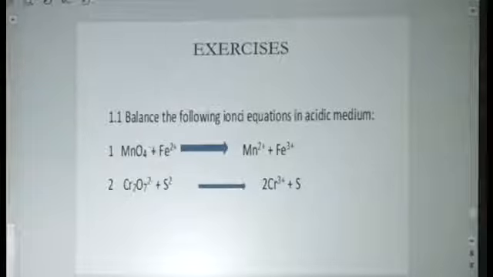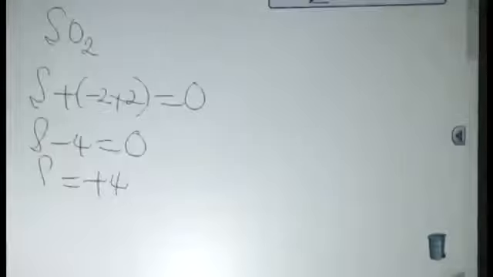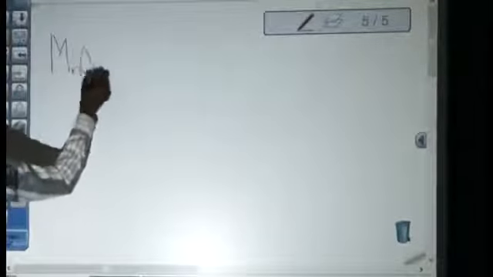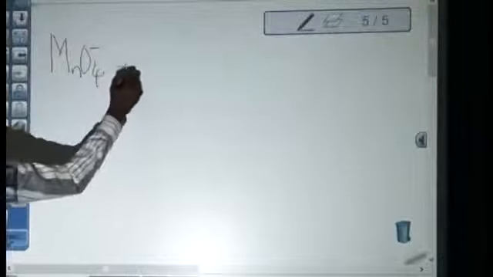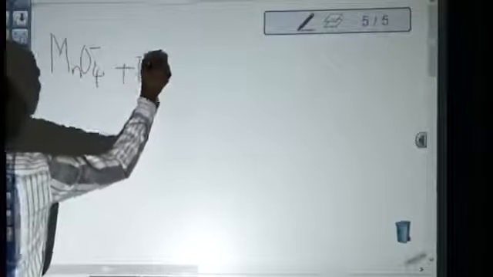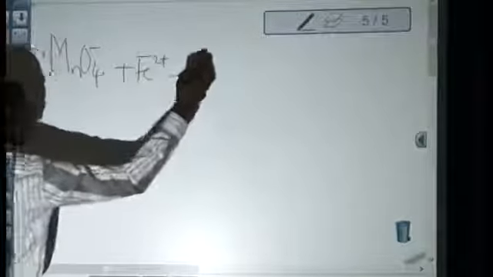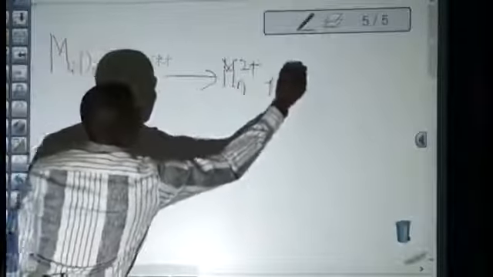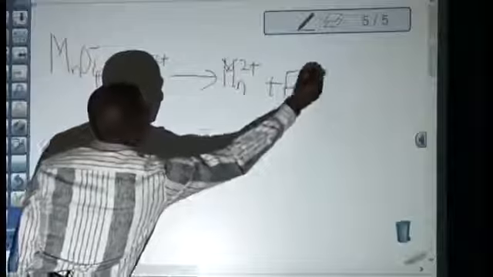How do we go about this? Now, the question is MnO4 minus plus Fe2 plus to give us Mn2 plus plus Fe3 plus.